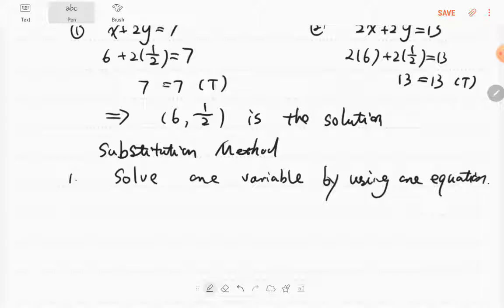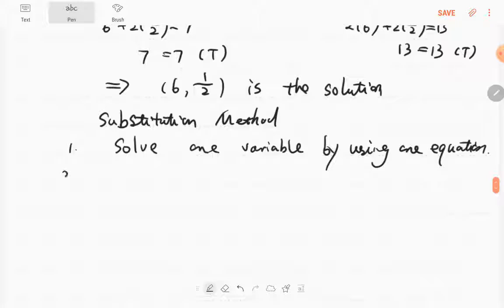So we can pick one equation to solve one variable, but which equation you're going to pick or which variable you're going to solve, it depends on which one is more convenient for us to solve, right?